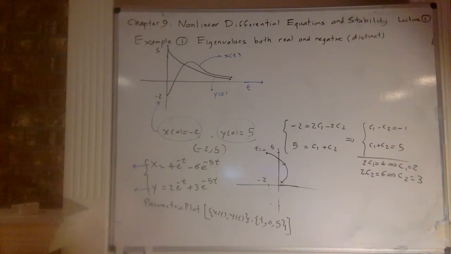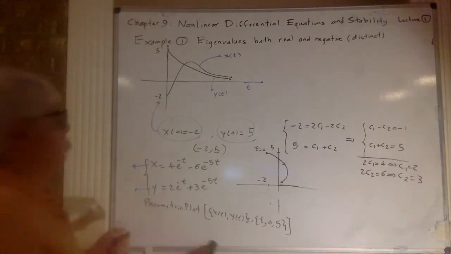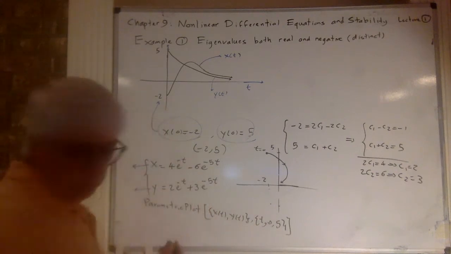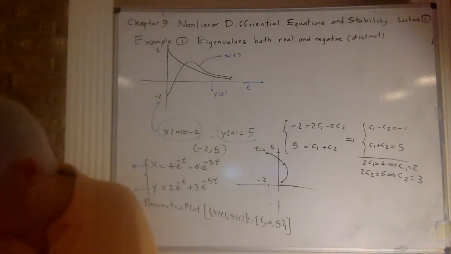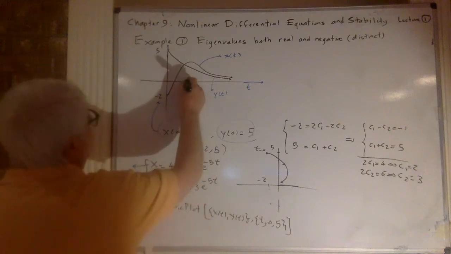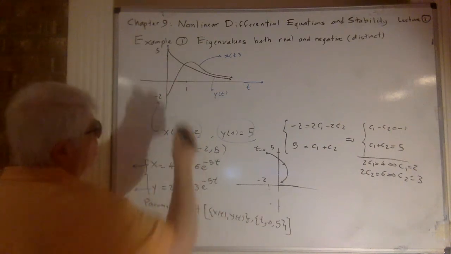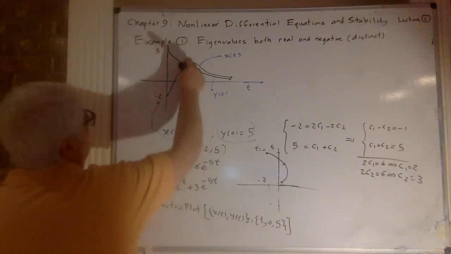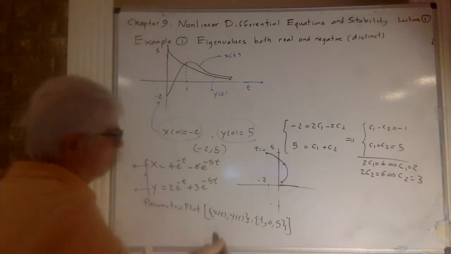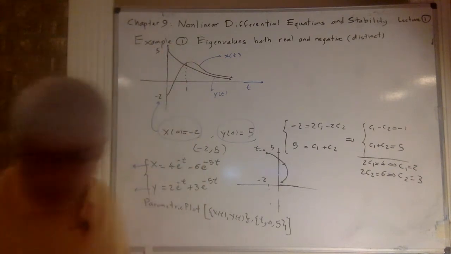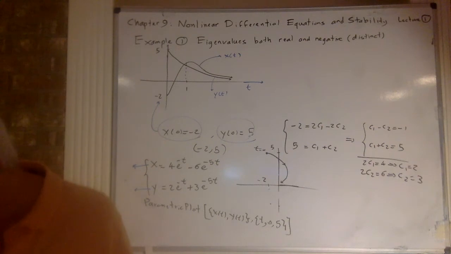Okay, so I have found some points. For example, at time equals 1, I calculated this, it's about 2 and 0.9.